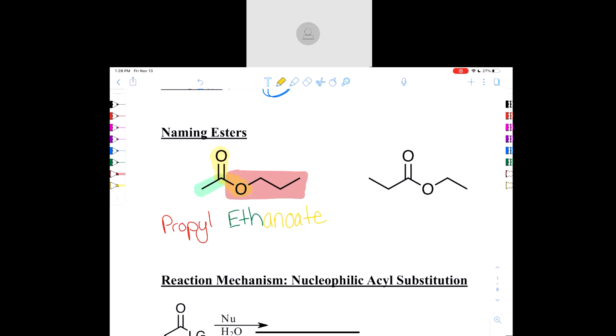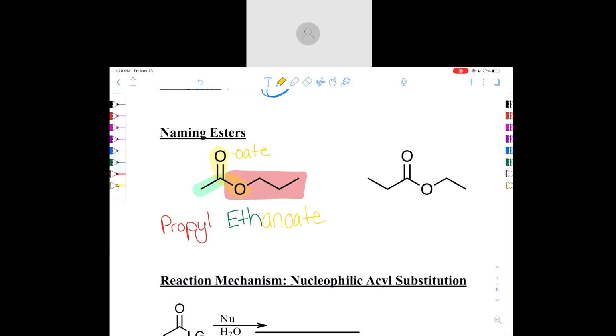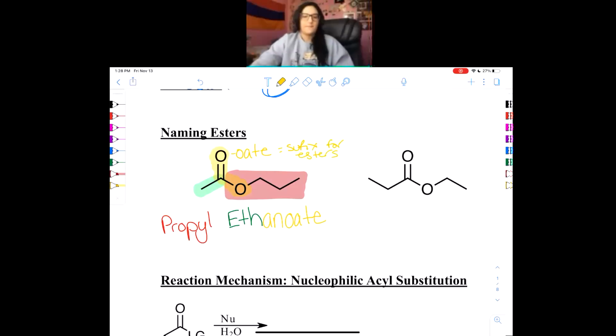So the yellow is just -oate, and that is the suffix for esters. Okay, great. And then someone asked, why is it in yellow? I don't really know what you mean by that. I just highlighted each chunk so you guys could see the difference in things.